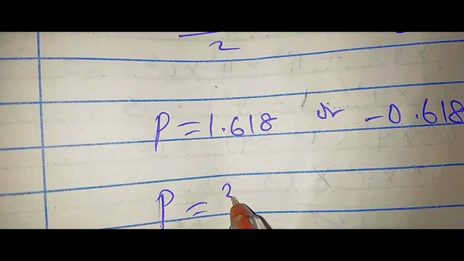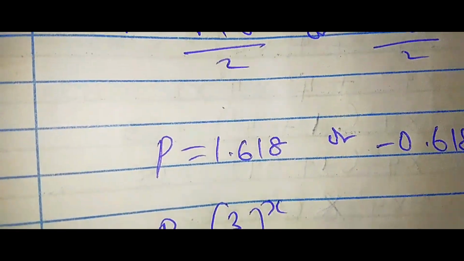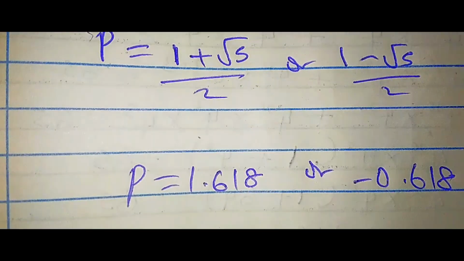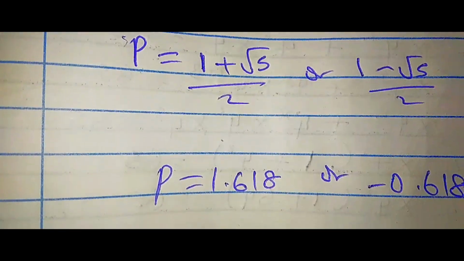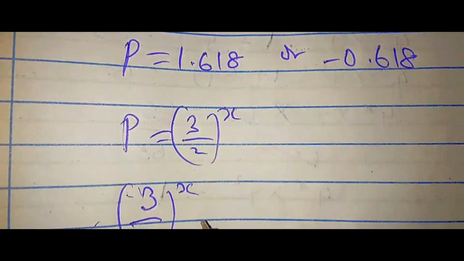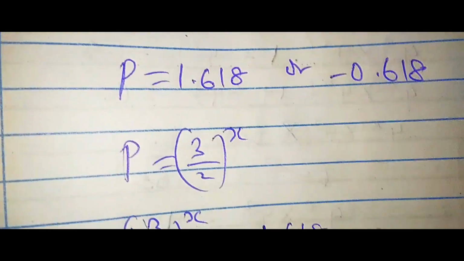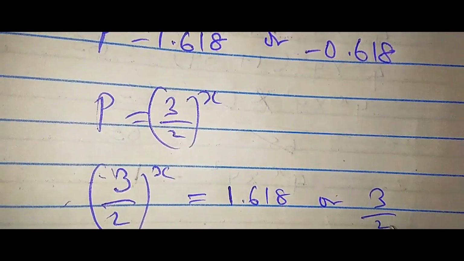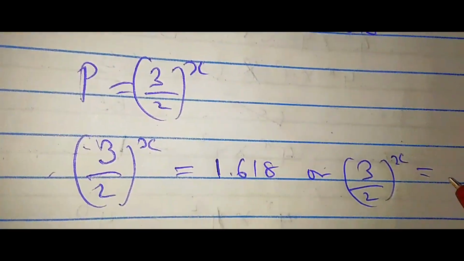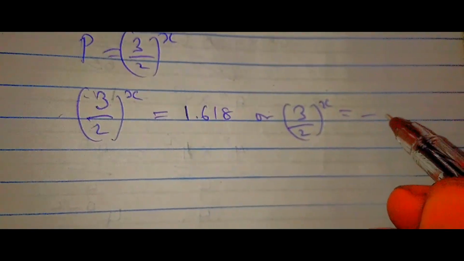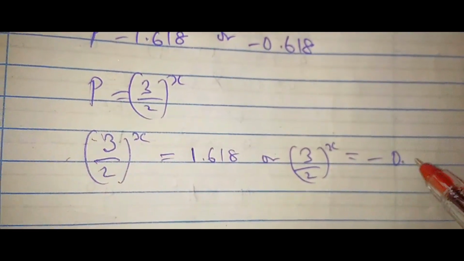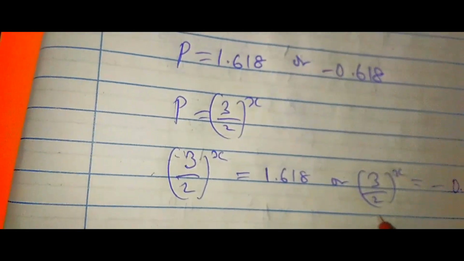Now by the time we have done with this, we remember that our p is equals to 3 over 2 raised to the power x. So it means that 3 over 2 raised to the power x is equal to 1.618, or 3 over 2 raised to power x is equals to minus 0.618.